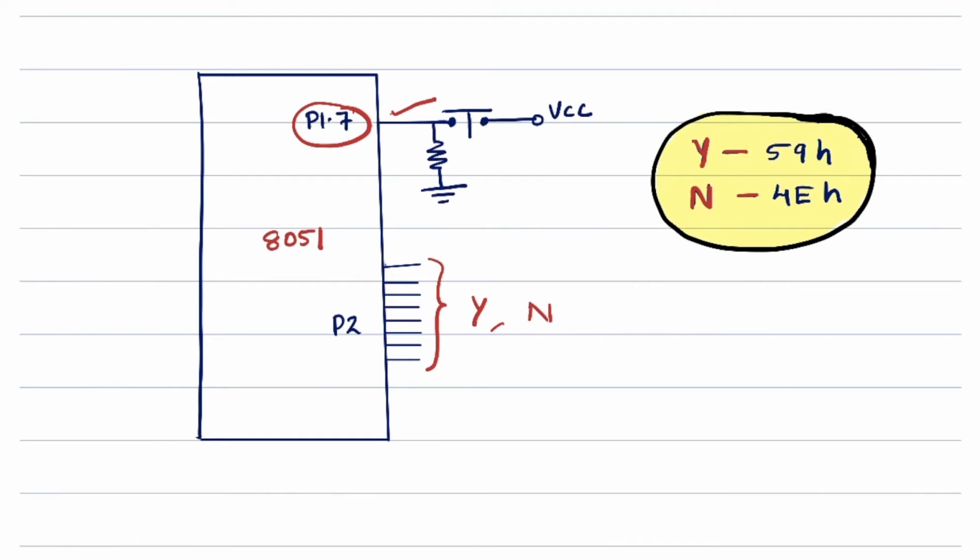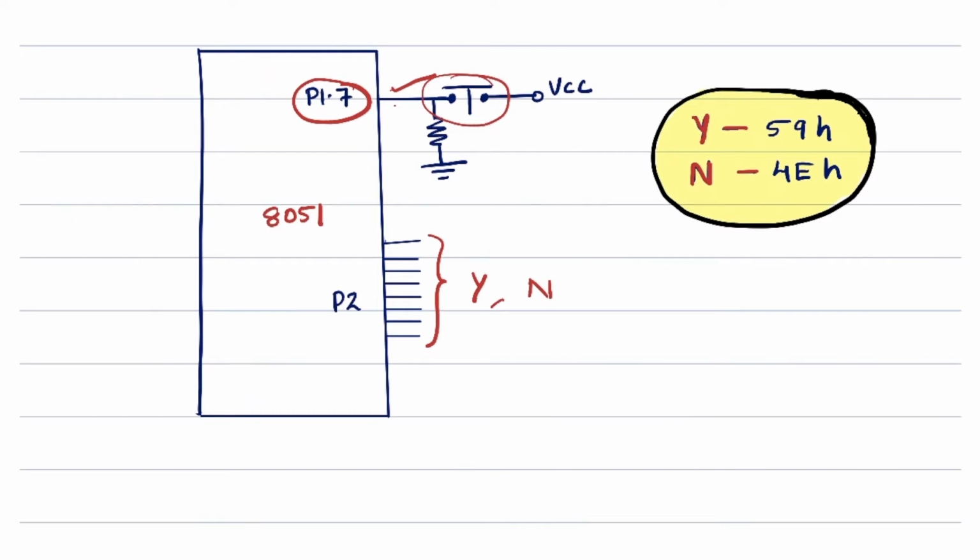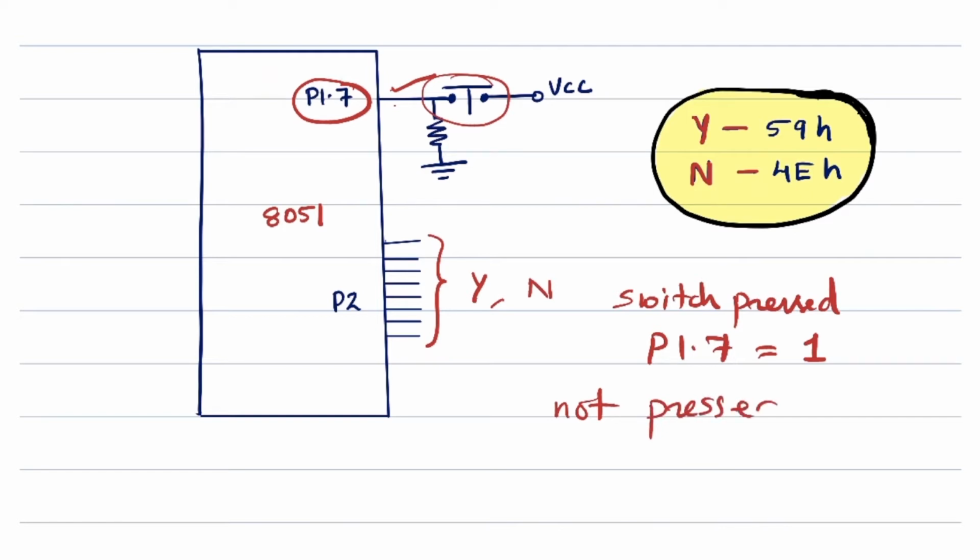Remember, we will be sensing P1.7, which is connected to a switch. If the switch is pressed, P1.7 will become 1, or logical high, and if the switch is not pressed, P1.7 will become logical 0, or low.